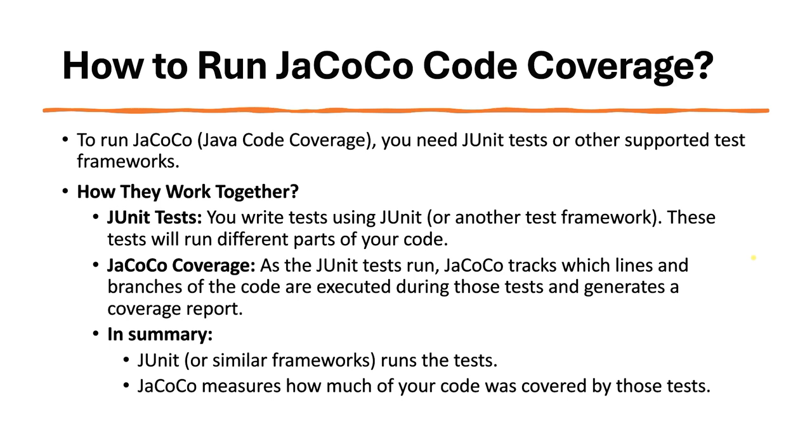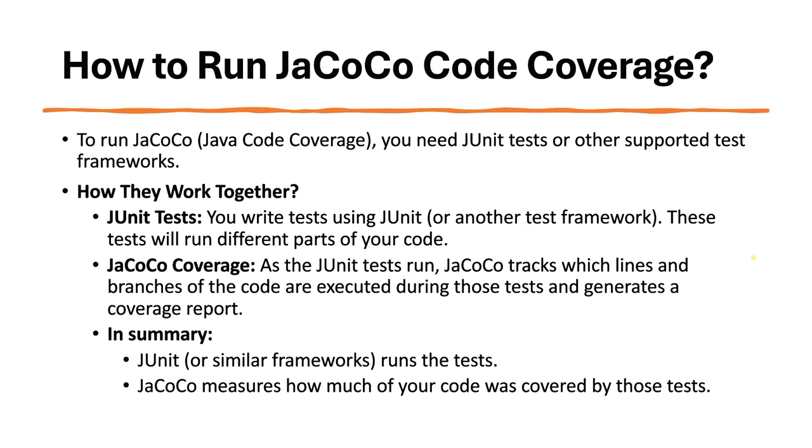As the JUnit tests run, Jacoco tracks which lines and branches of the code are executed during those tests and generates a coverage report. Basically, Jacoco is going to generate a coverage report for you, but JUnit is actually doing the testing of your code.